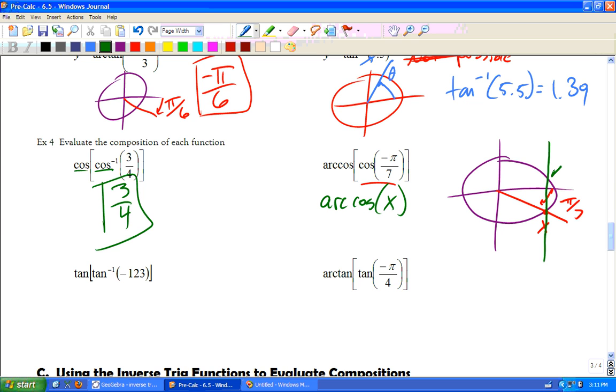When we draw that vertical line, there is some point where the x value is the same. The reason we have to draw a vertical line up is because the range of the arc cosine only gives angles between 0 and pi. So the angle that gets the same x value is the same reference angle, pi over 7. So the arc cosine of this x value that yielded from the cosine of negative pi over 7 is pi over 7.